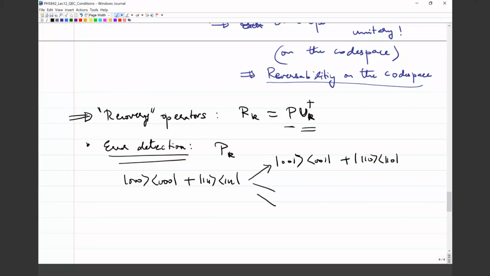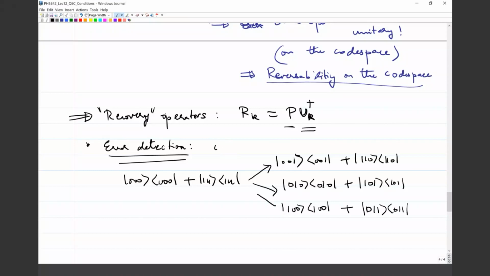Similarly, I had the others. So error detection needs a set of orthogonal projectors. So for example, this is the case of the 3-qubit bit flip.